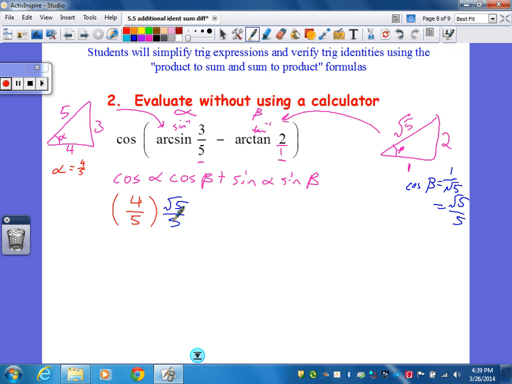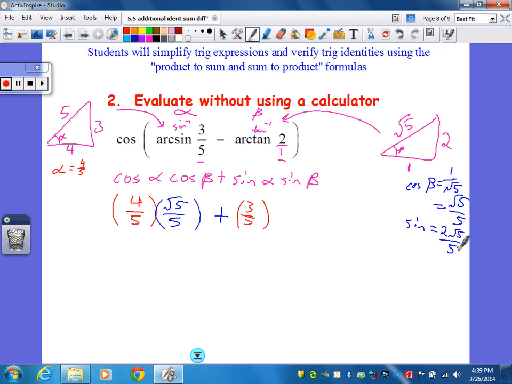Times square root of 5 over 5, plus, well, my sine alpha, I was already given that, right here, which is 3/5. So I'm going to just write my 3/5, and now my sine beta, which is what? 2 over the square root of 5, or like we did here, 2 times the square root of 5 over 5.